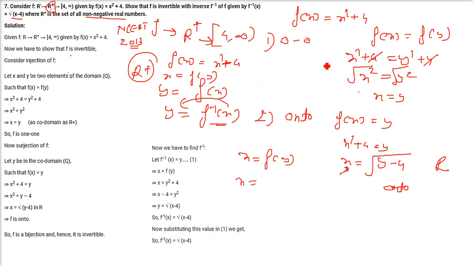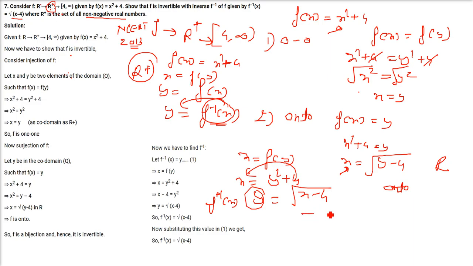So x equals y square plus 4, because I replaced x with y in x square plus 4. Y will be equal to under root x minus 4. Now replace y with f inverse x as I suggested earlier. This is what we have to prove. Right? Okay.